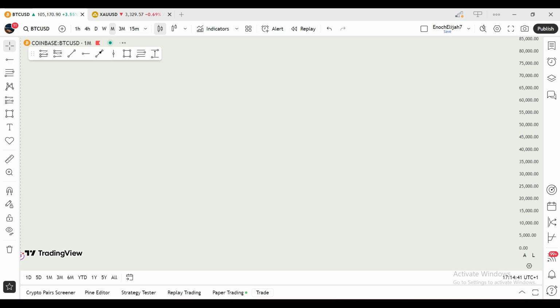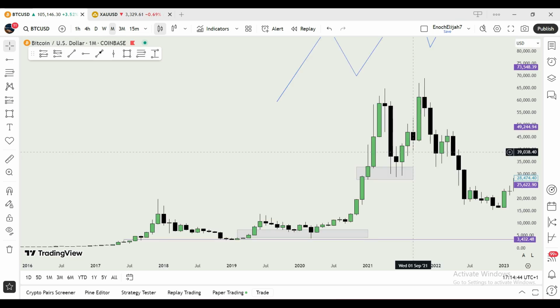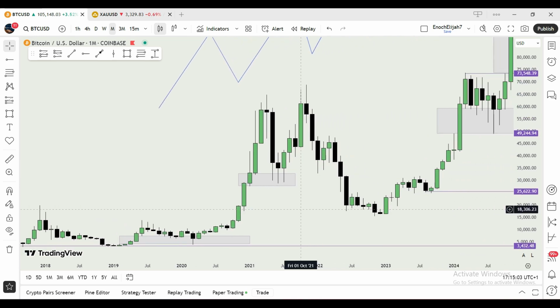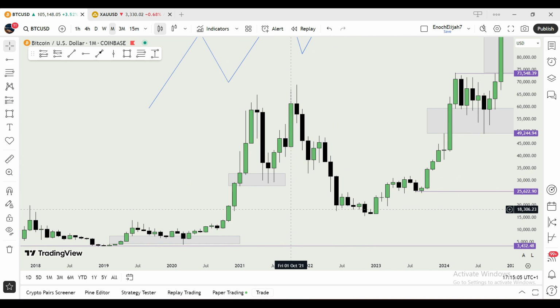Once price expand to create a new high, wait for it to pull back to the internal range. Then you hit it, you take your entry. Once you see that okay, price is about to continue going higher again, then you buy like this. So it's so simple, so easy to do.